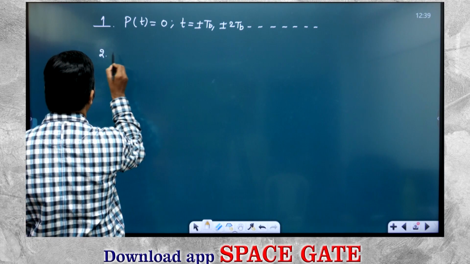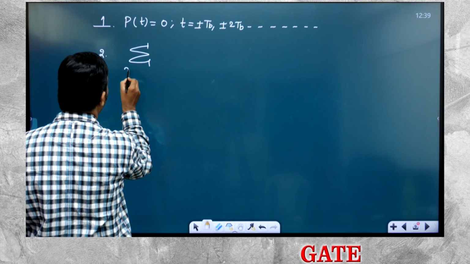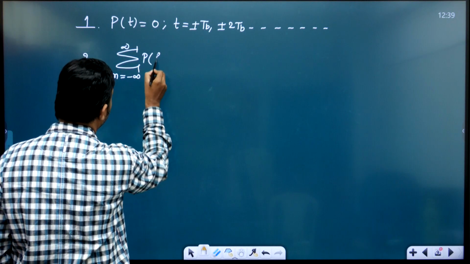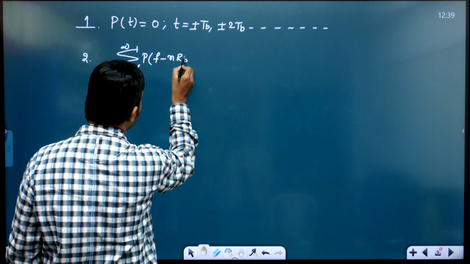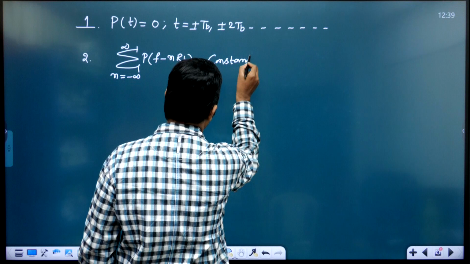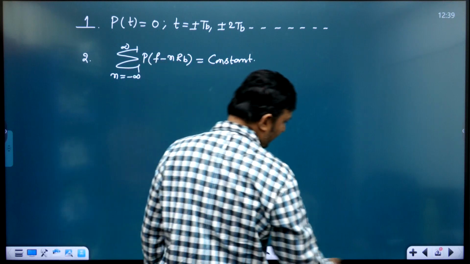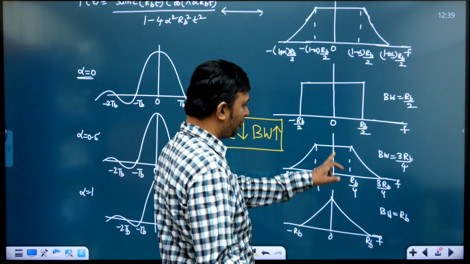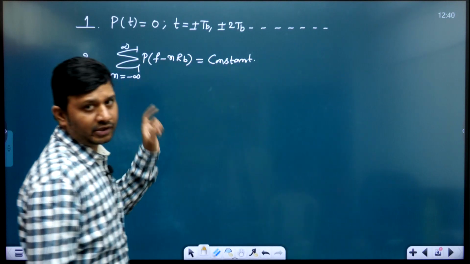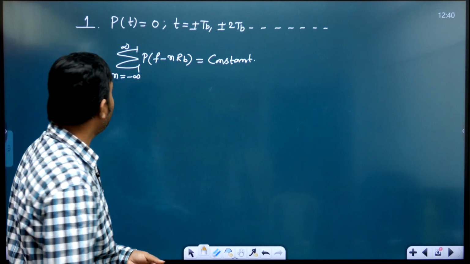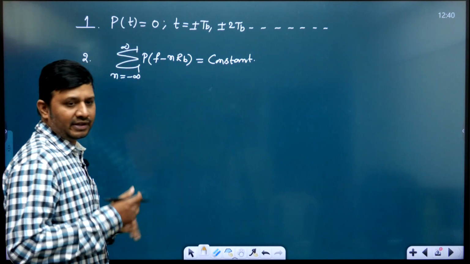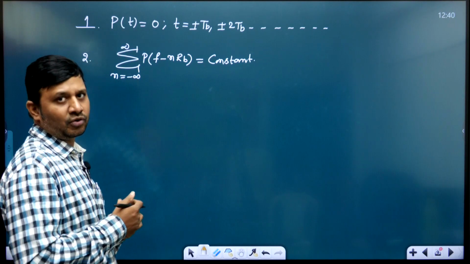And in the frequency domain, the summation for n varying from minus infinity to infinity of P of f minus n RB must be constant. If you calculate, for this P of f, this will be satisfied. So if a pulse satisfies these two conditions, it can qualify as a raised cosine pulse.